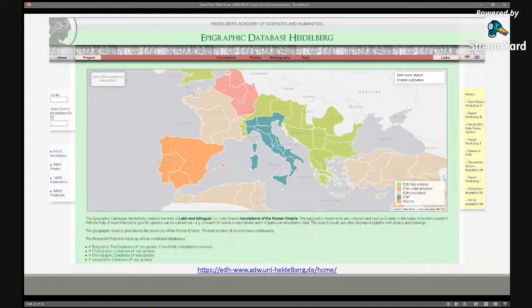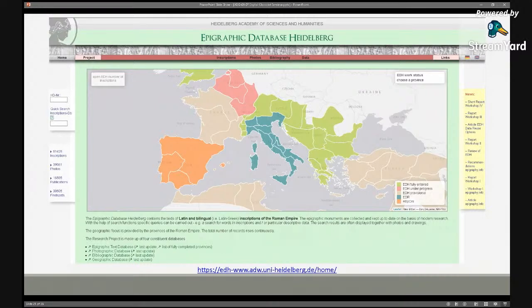If we think about the databases that exist, and specifically the images that they make available, I'd say that the most useful one for this particular purpose is probably EDH, the Epigraphic Database at Heidelberg, because it makes all of its data available to download and reuse. And that's actually been a key factor for us in being able to do this project at all.